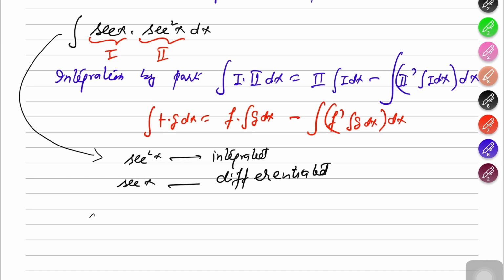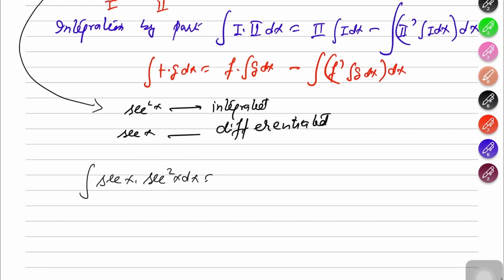So let's start with the integral of sec x sec square x dx. Sec x remains the same, but sec square x is integrated. We know that the integration of sec square x dx is tan x. So the sec square x function is integrated, that becomes tan x, and overall minus, sec x is differentiated.